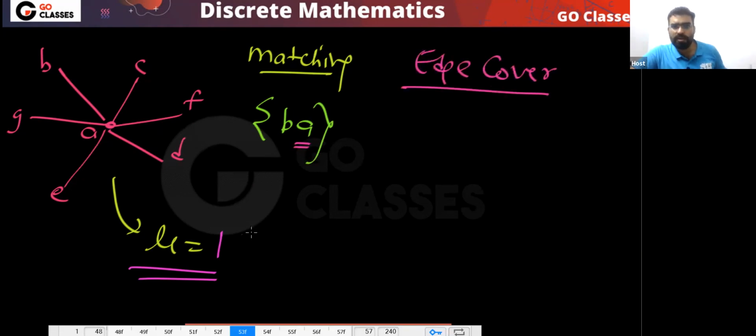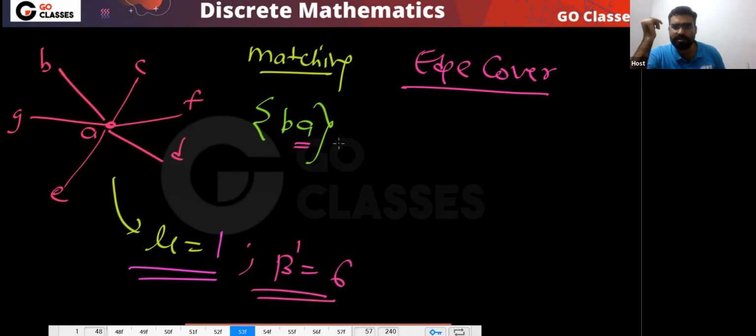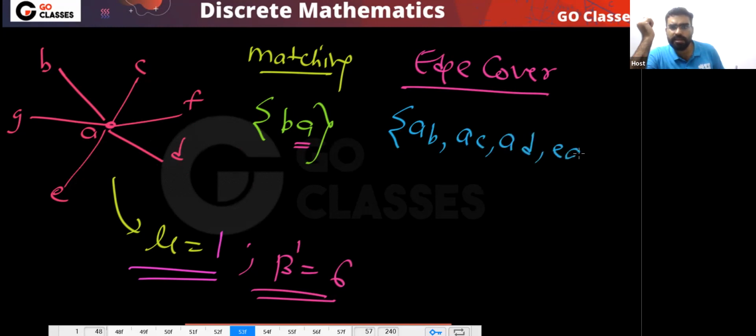And what is the edge cover number, beta dash, for this graph? The beta dash will be 6, because the edge cover should cover all the vertices. For example, it will be AB, AC, AD, AE, AG, AF.